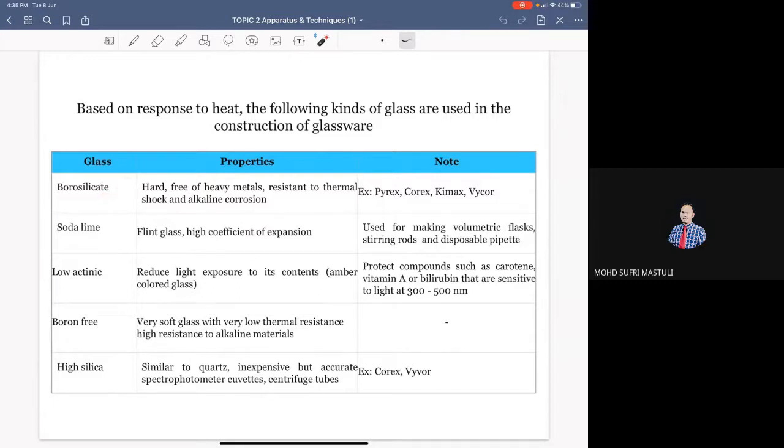The volumetric flask, stirring rods or disposable pipettes are manufactured using soda lime. You can read this table to know the various ingredients for different glassware and their particular properties.